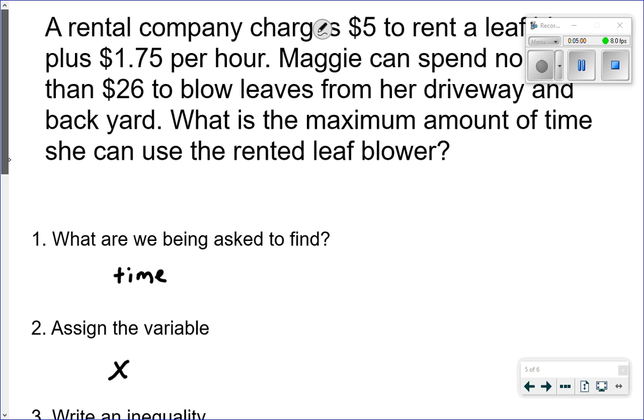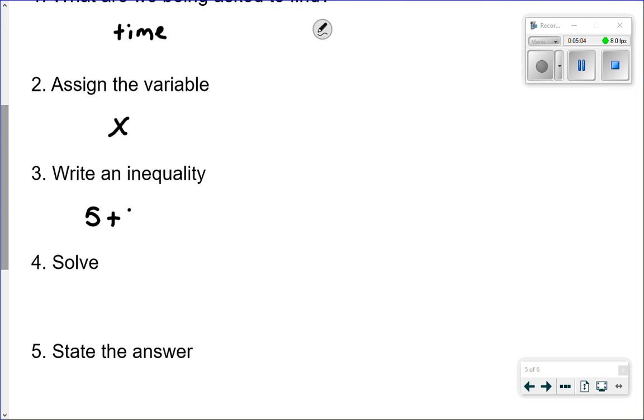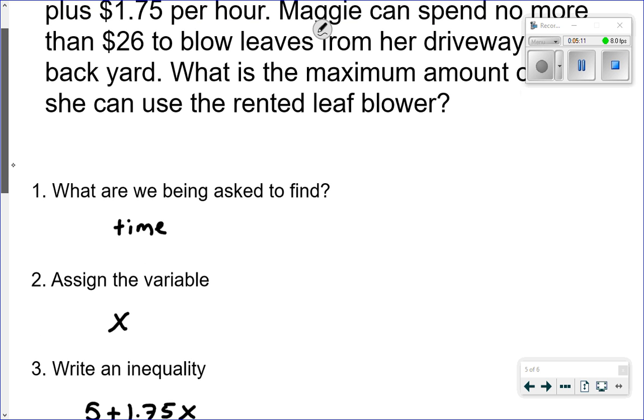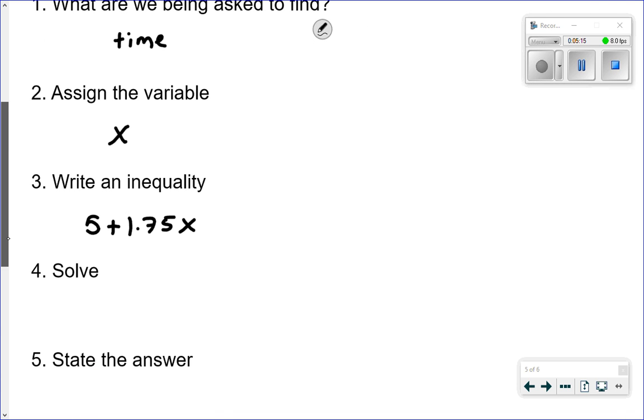So a rental company charges $5 plus $1.75 per hour, which is where the x would go. And it says that she can spend no more than $26, so this amount has to be less than or equal to 26. It costs $5, costs $1.75 per hour, and she can't spend any more than $26.